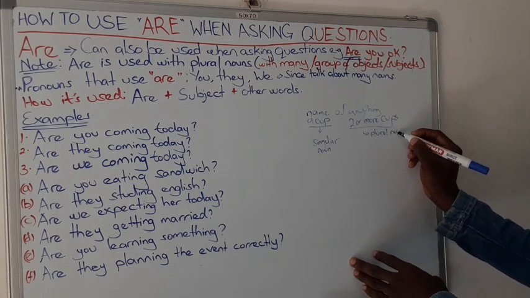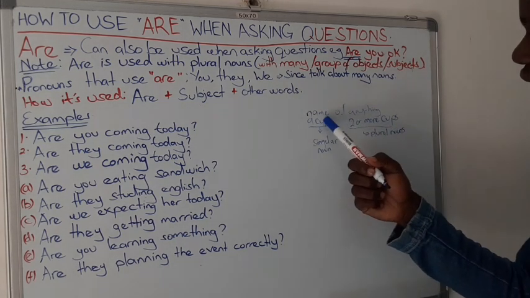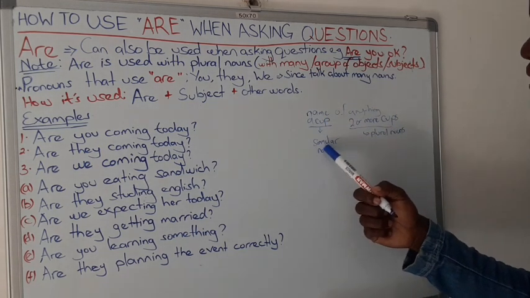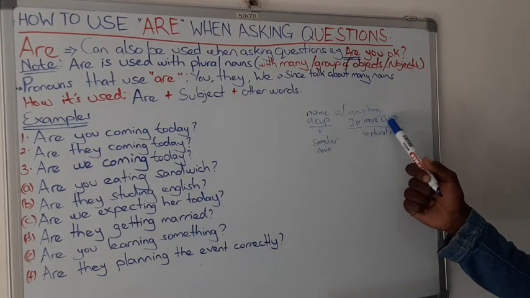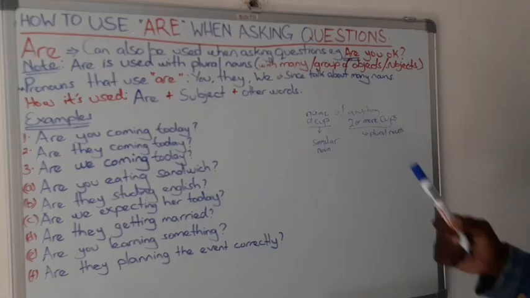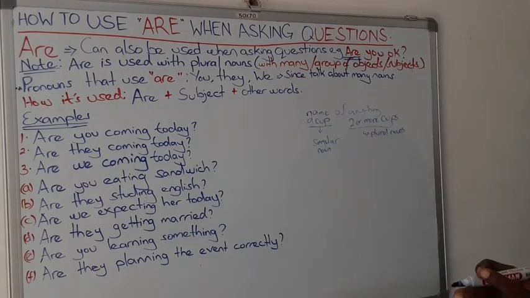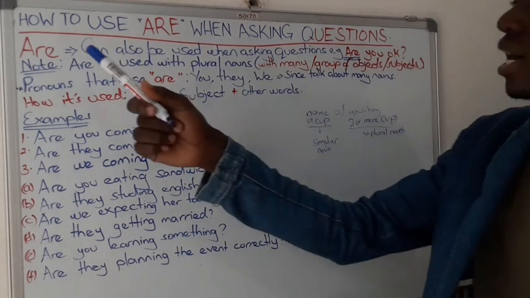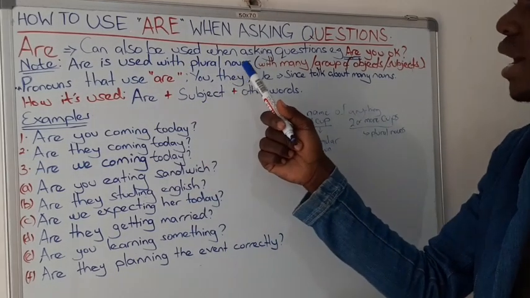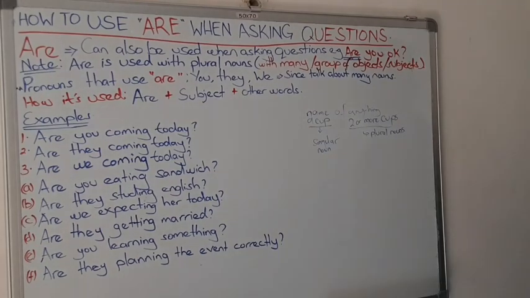The noun given to this is cup, a singular noun. When there are two or many, we use plural, cups. Plural means many, two or more. So I hope you understand now the difference between singular and plural nouns. But "are" is used with plural nouns, many items or many objects.